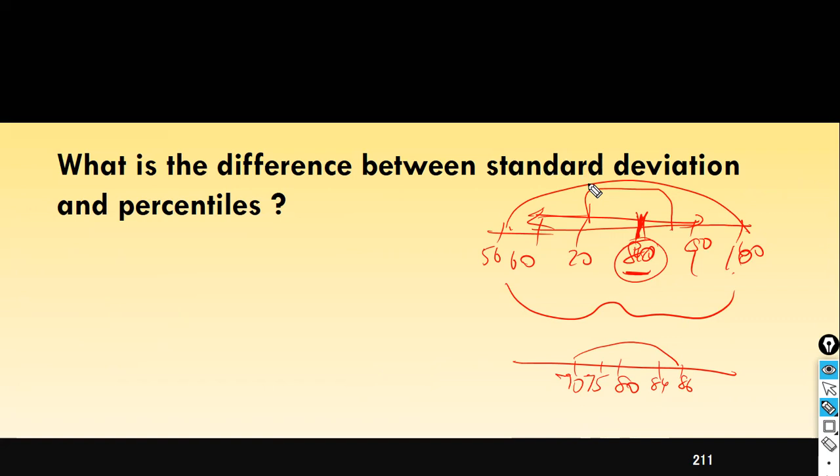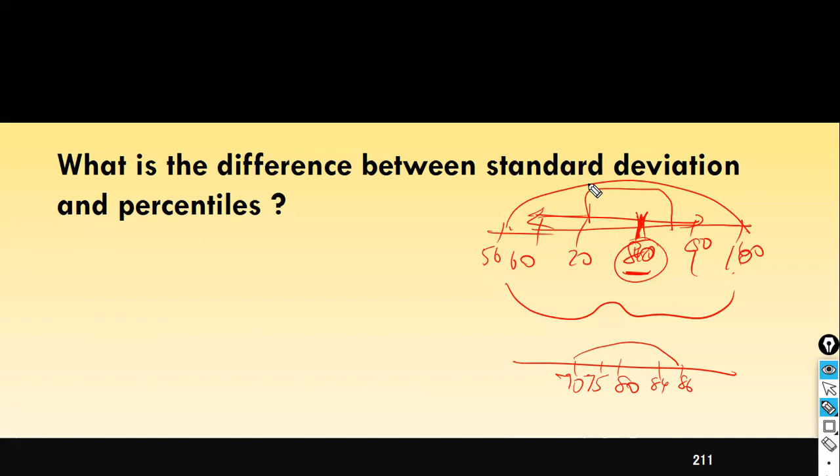For example, the top 25% of the sales: you are focusing on the upper part of your data set. Bottom 25%, you are focusing on the bottom. You want to compare the values at different parts of the data set.